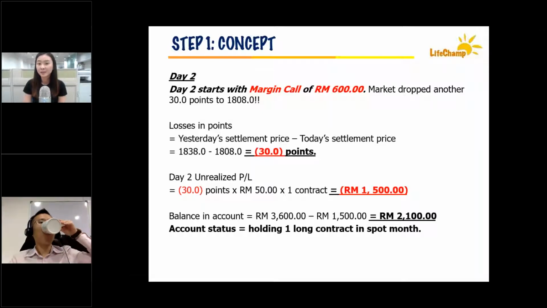You are losing 1,500 more for day two. So your balance in the account now becomes 3,402 minus 1,500, which is 1,902. So you have to decide whether you want to hold your contract or top up the shortfall of the margin, because you need to have 4,200.